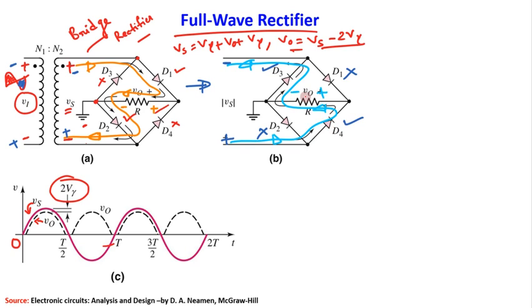So V gamma drop here and V gamma drop here. So again this V output will be equal to Vs minus 2 V gamma. So that means this magnitude will also be Vs minus 2 V gamma, isn't it?